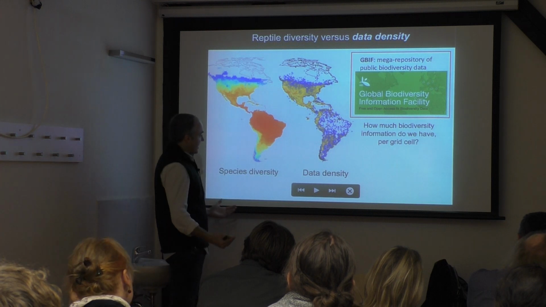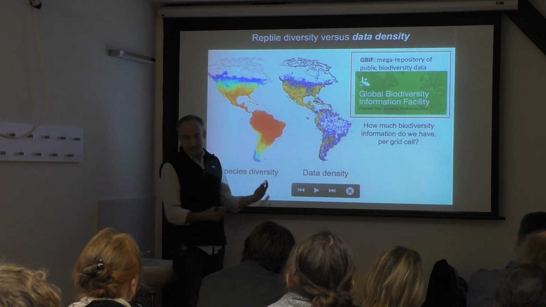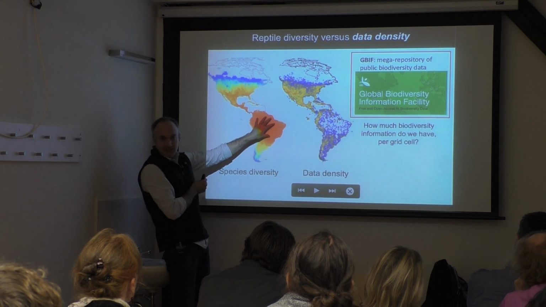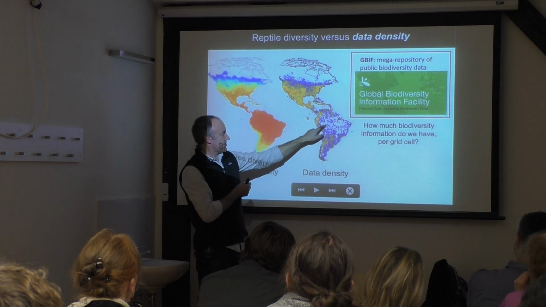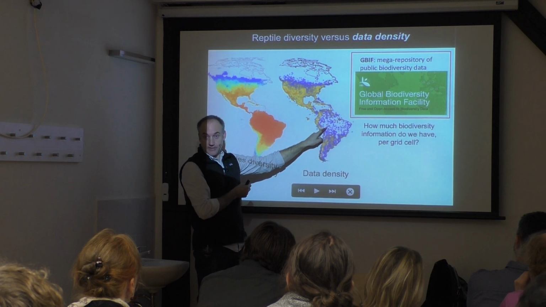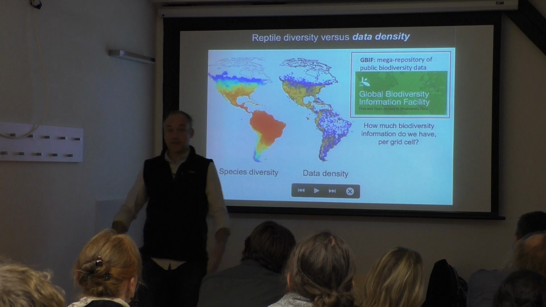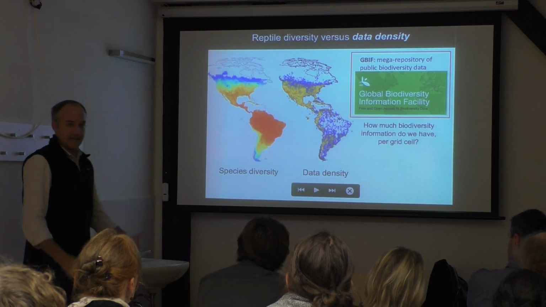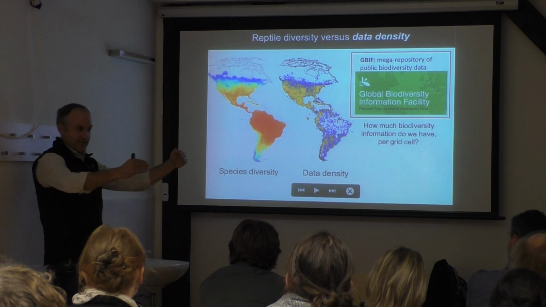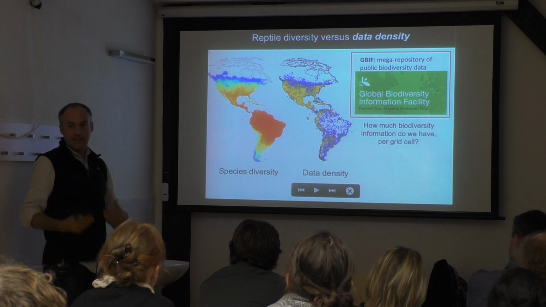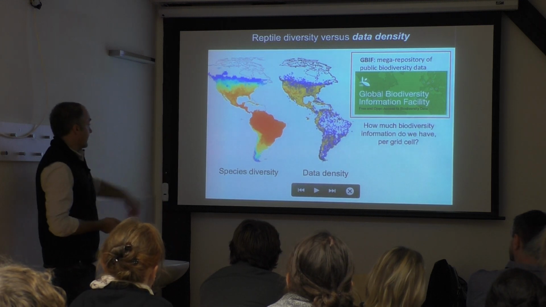The only message I want you to take away from this is that the places that have lots of species, like the Neotropics, are also associated with very low density of sampling. Huge tracts of the Amazon have almost no data. The places that have the most species have the least amount of data, so the ratio of data per species is even lower than it looks on this map.